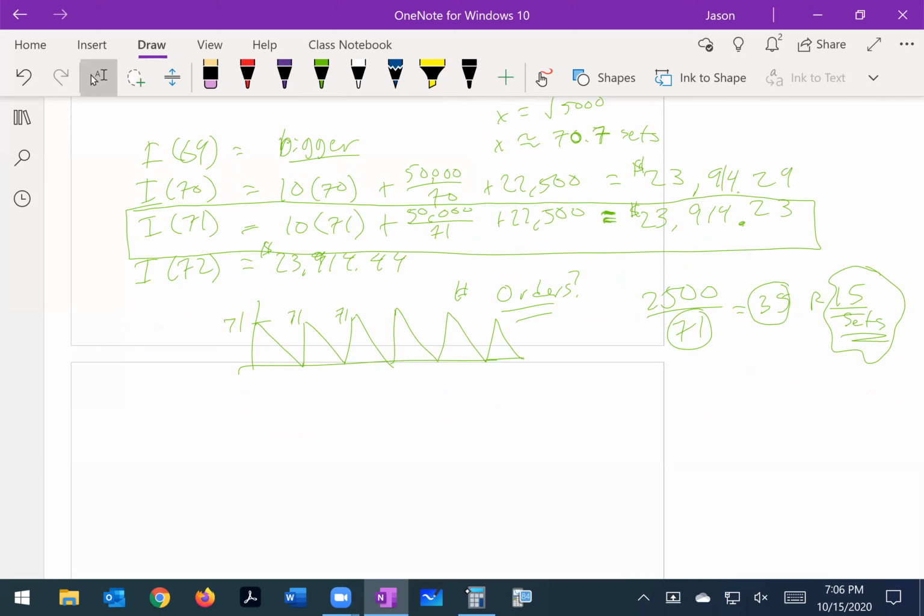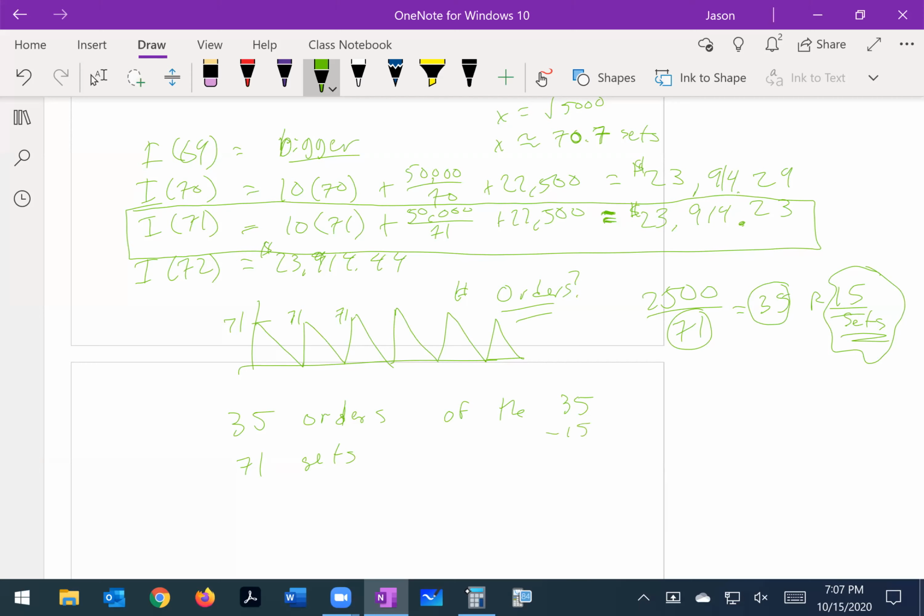So the answer to how I should reorder, the optimal way of reordering here, is that since I have 35 orders of 71 throughout the year, but I need 15 extra sets to come over, then of this 35, 15 of those orders I'm going to have to include one extra set.